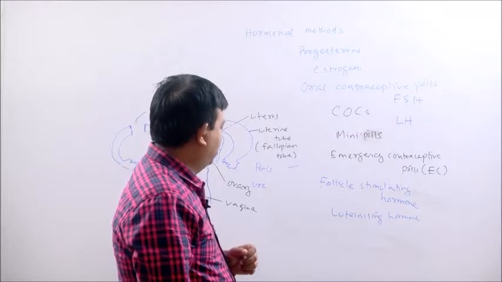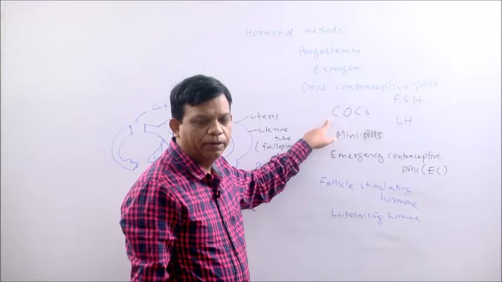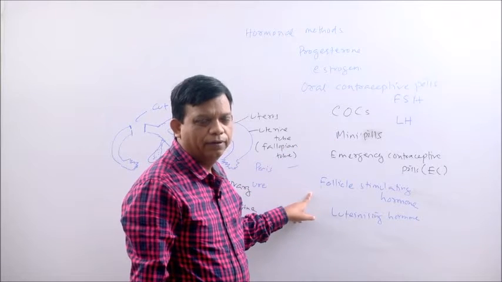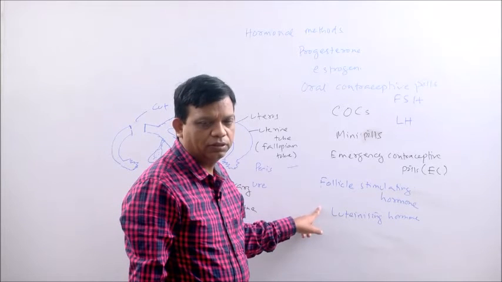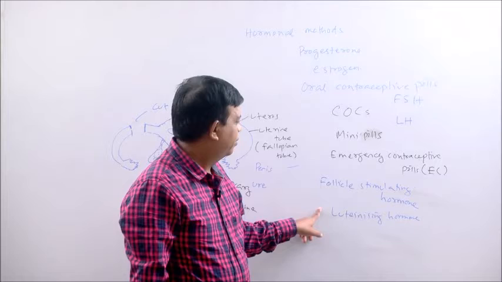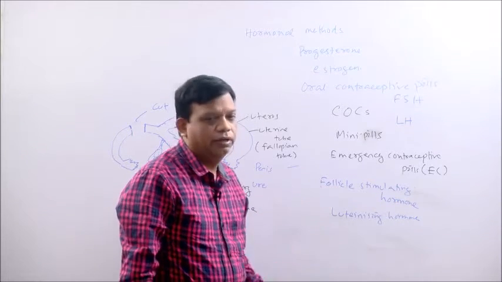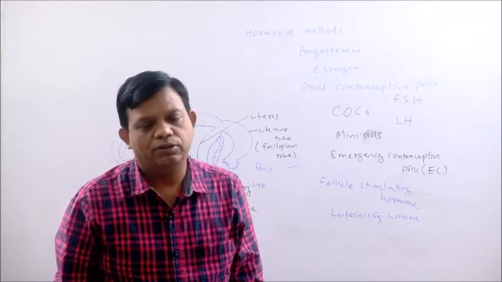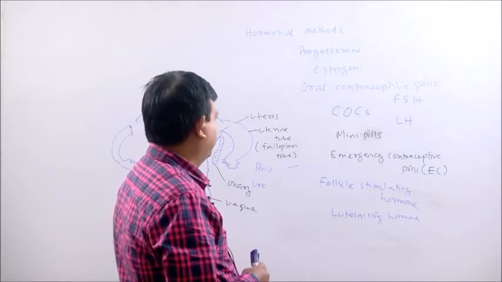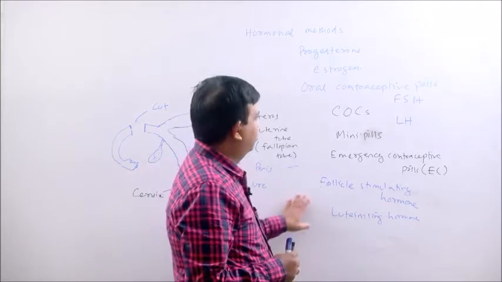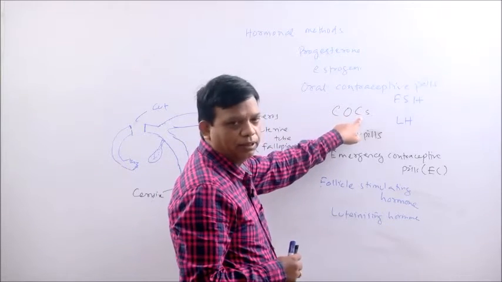Even if there is ovulation, these pills prevent implantation, the attachment of the fertilized egg to the wall of the uterus. Also, these hormones will make the cervical mucus thick, so that it will affect the motility of the sperms. So this is how combined oral contraceptives work.